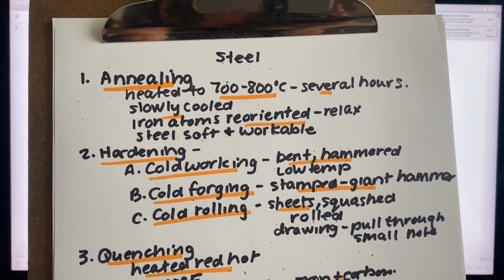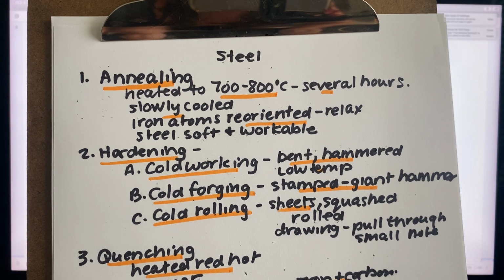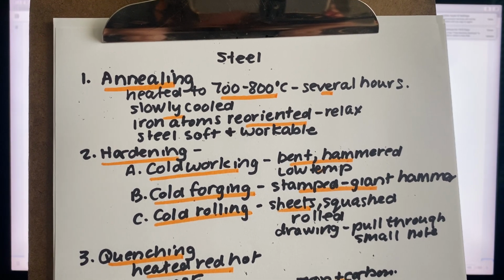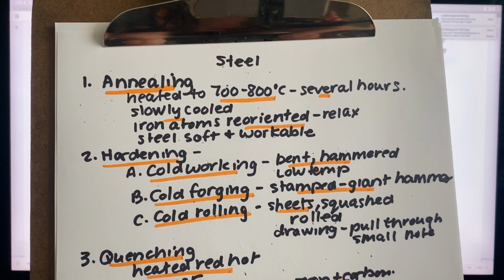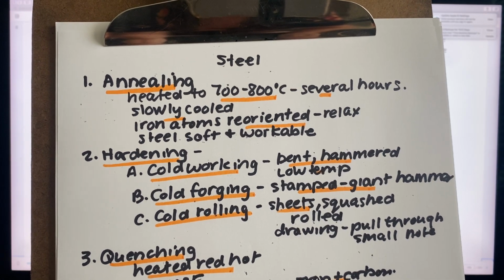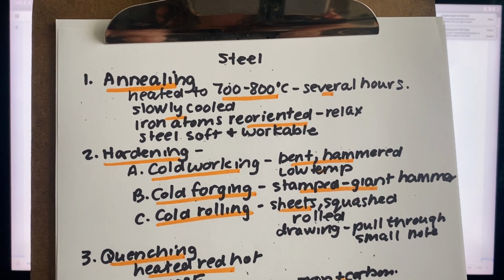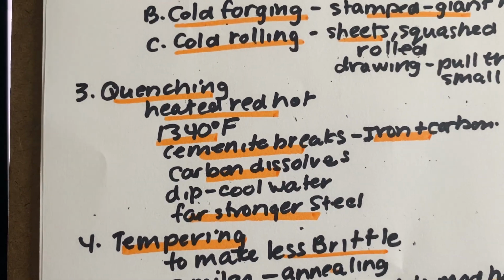Onto cold rolling, they would roll it into big sheets and then squash them down into thin sheets. And then drawing, sometimes they pull them through a small hole to make them more malleable or ductile. So that's hardening.